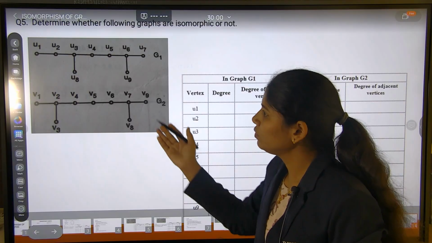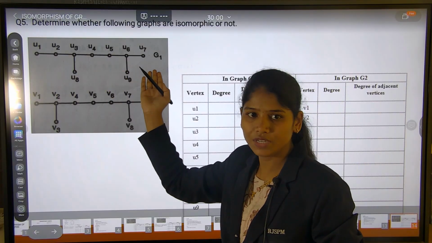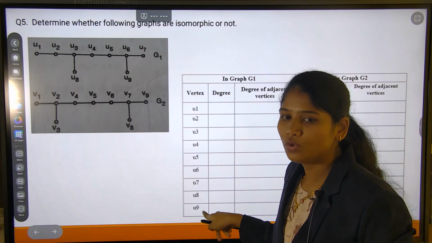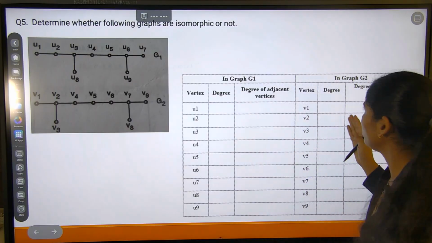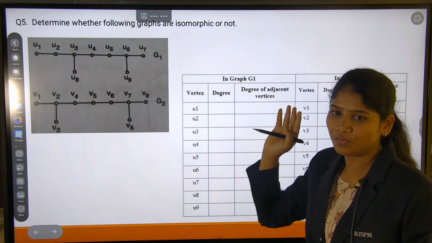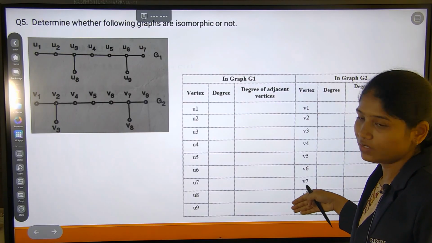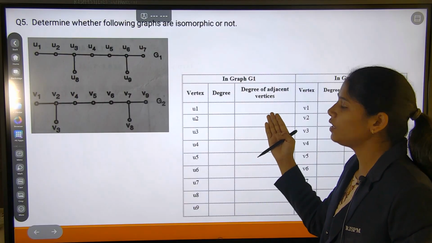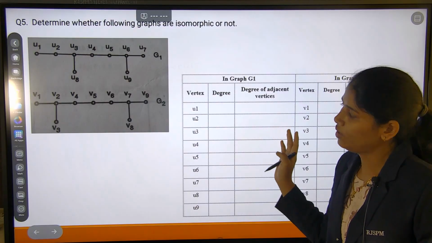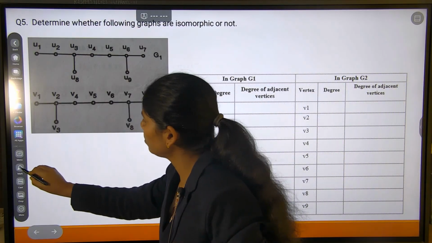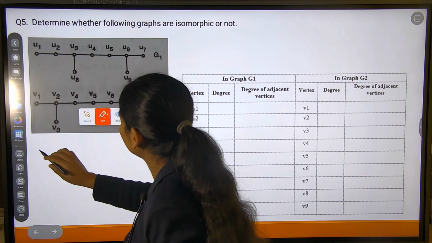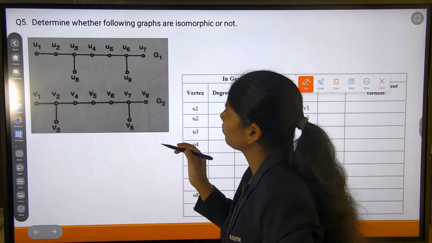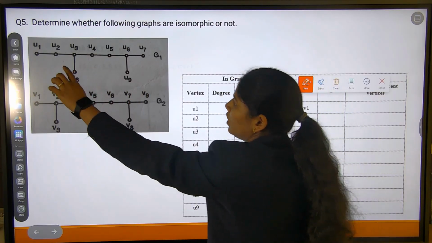So write down all vertices of graph G1 in the first column: U1, U2, U3 up to U9, and for G2 write down vertices V1 to V9. Then write down the degree of each vertex. Next we need to write down the degree of their adjacent vertices. So we can solve this example. Write down the degree of U1.